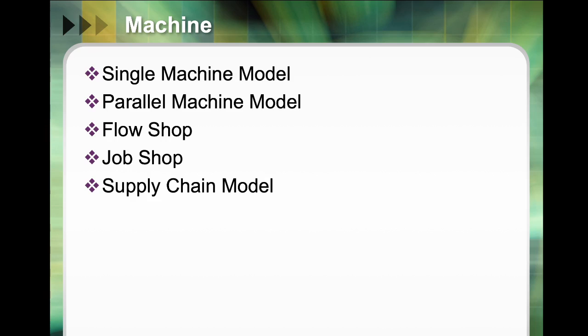For example, if we go back to the previous example, now we have three jobs A, B, and C, right? Job A follows the route of machine 1, machine 2, machine 3. Job B does not follow the same route, but follows machine 3, 1, and 2. So in this case we have the job shop model, and we also have the supply chain model.